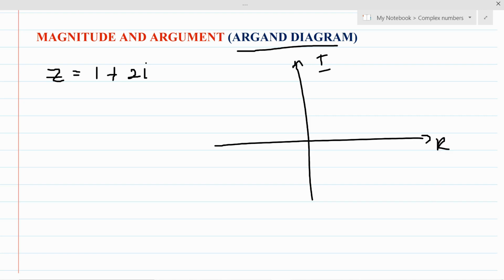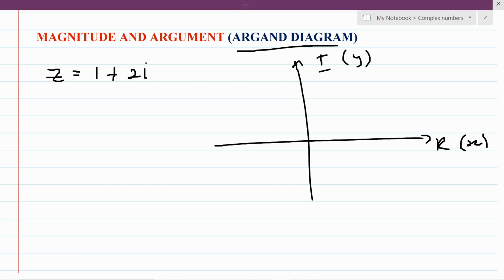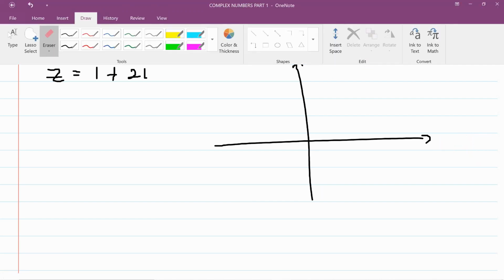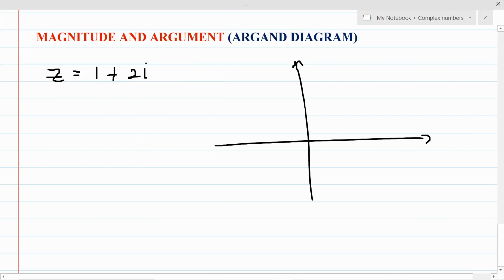Most people prefer to call it x and y, like we know from normal Cartesian coordinates. Let's say this is our y, this is our x, but mind you, they are not just x and y coordinates, they are the real and imaginary aspects.